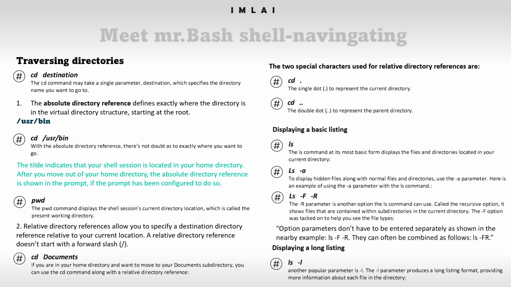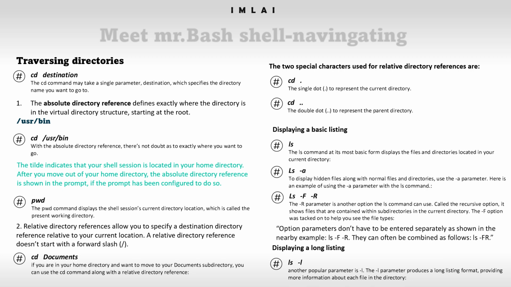And finally what we have is a long listing. In the basic listing, the ls command doesn't produce much information about each file. For listing additional information, another popular parameter is L. The L parameter produces the long listing format, providing more information about each file in the directory.